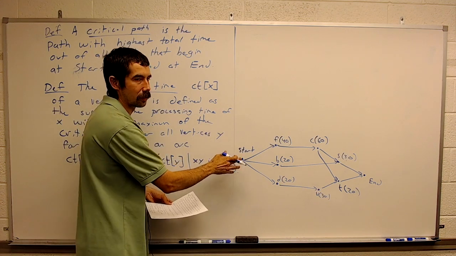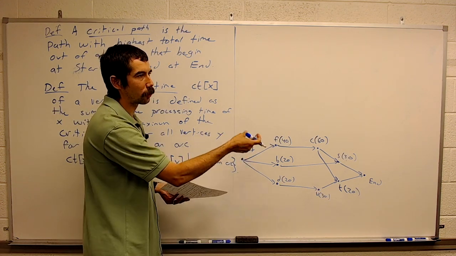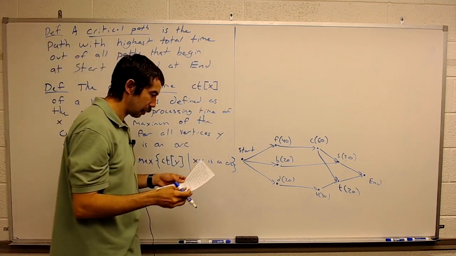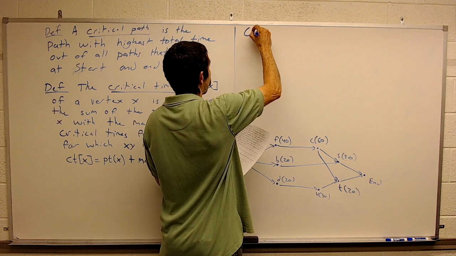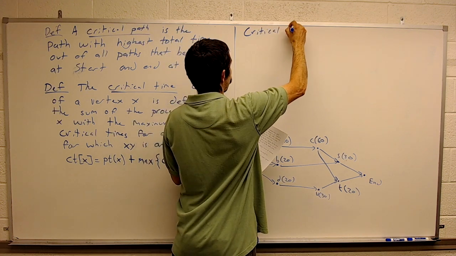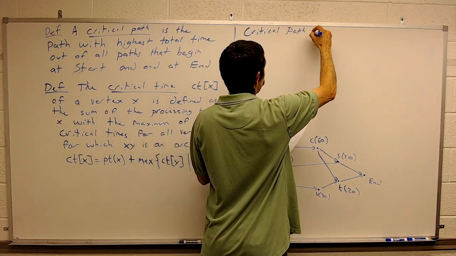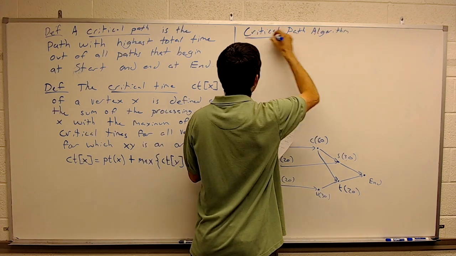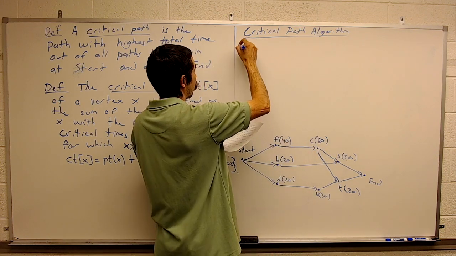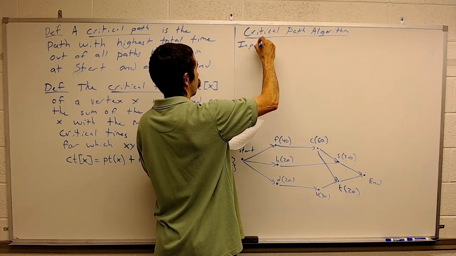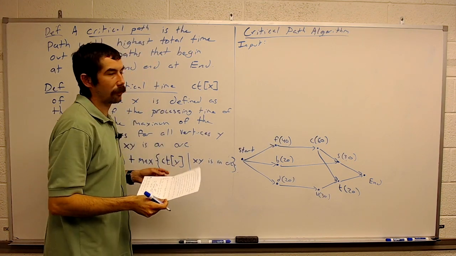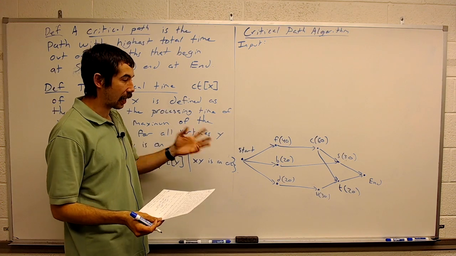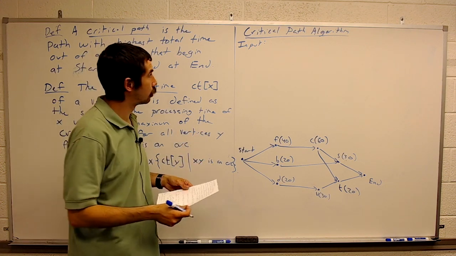I'm going to leave this diagram up just because we're going to use it in our example. So I'll write the algorithm here and then move over to this side of the board. All right, so the input for this critical path algorithm, what do we need in order to use it? We need the digraph with the processing times.